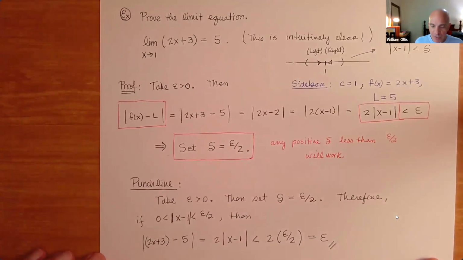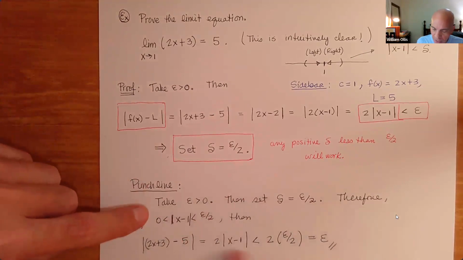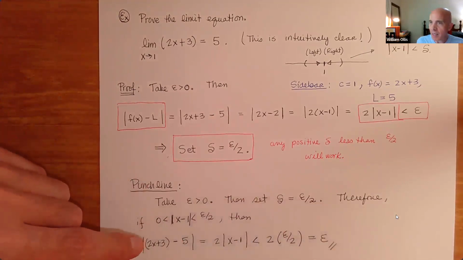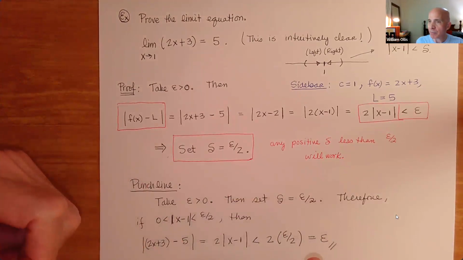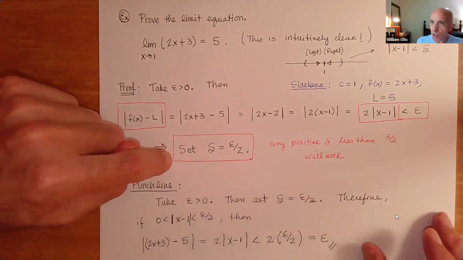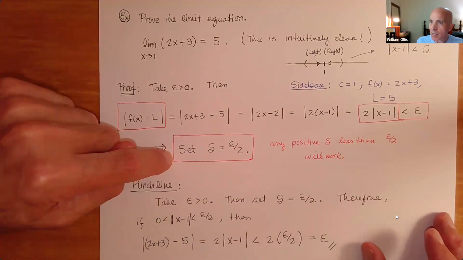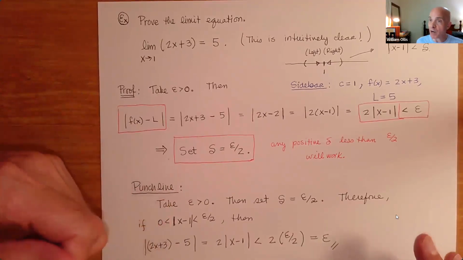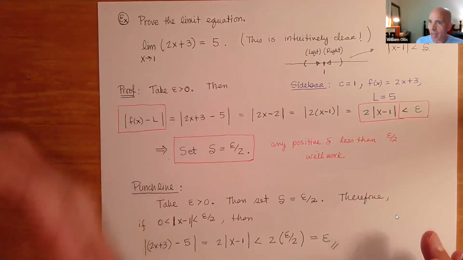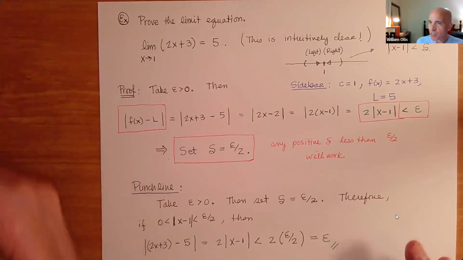So this part is just basically checking. It's like checking your answer to an equation. Once you determine an appropriate delta, then you're done. You can do this as a way of just verifying that you have something that's correct.